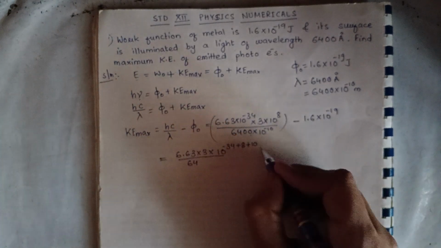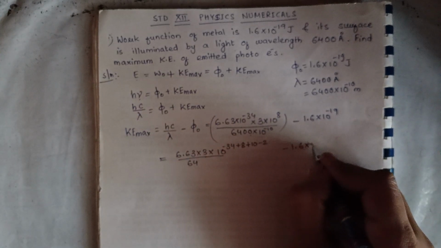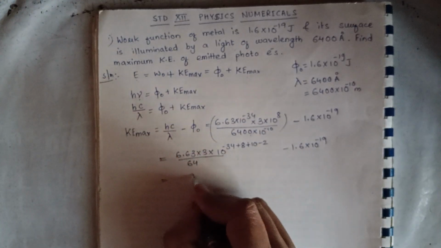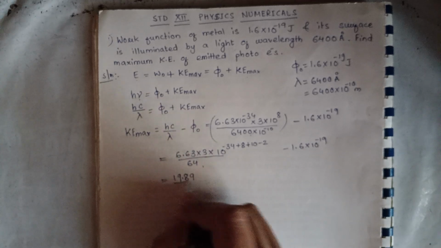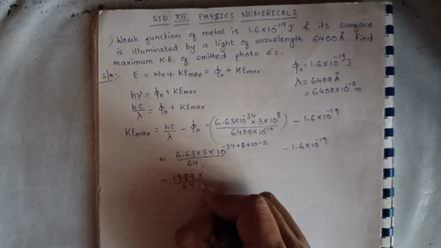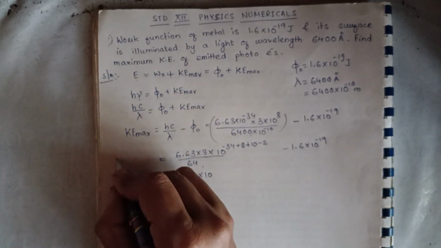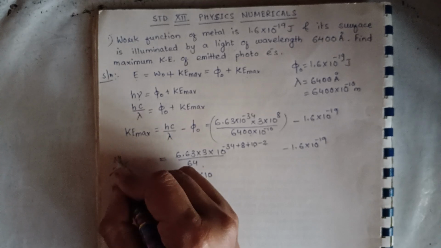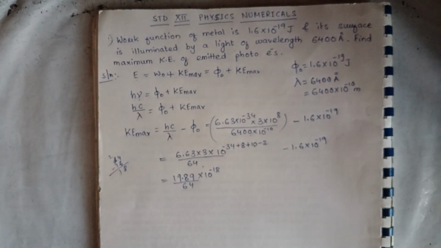When it comes to the numerator, it becomes minus 2. 3 threes are 9, 19.8, 64 into 10 raised to minus 2, 8, 8, 8, 16. So 34 minus 16, 18, minus 18.